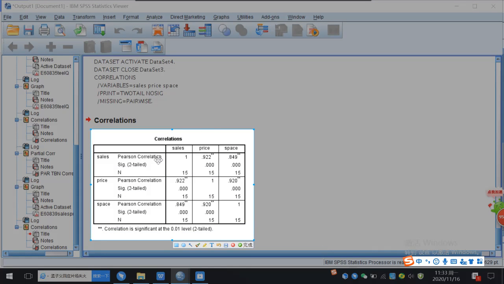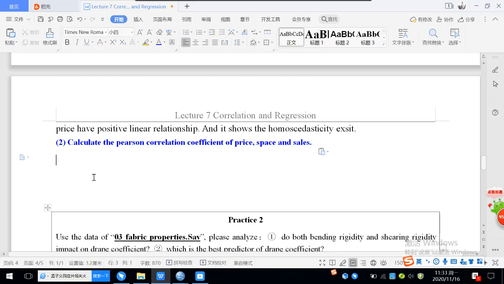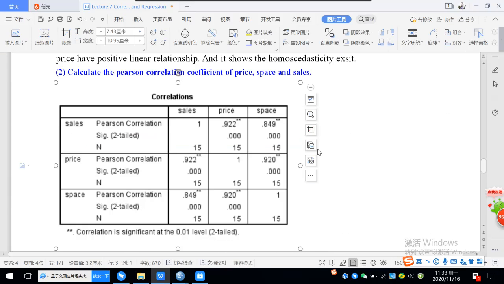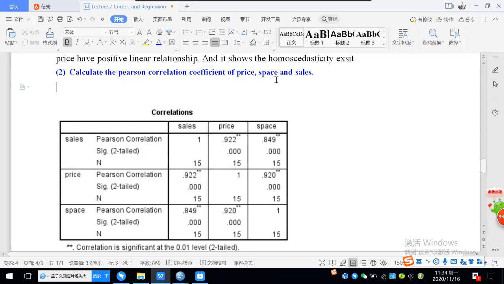Okay, then you can see that all of the Pearson correlations are significant, since all the significance is less than 0.001. Okay, and Jisoo's analysis and conclusion are correct, quite good. Because the sales and the price, the correlation is 0.922.